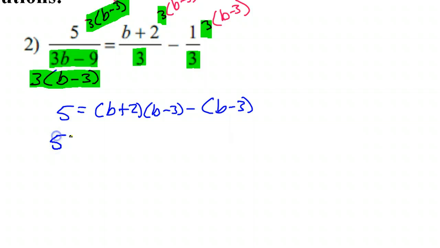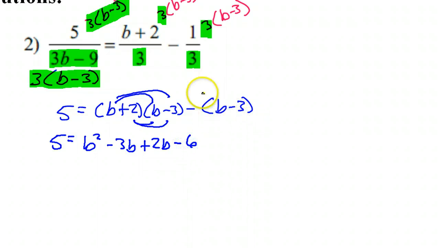So I've got 5 equals, and double distributing gives me b squared minus 3b plus 2b minus 6. Then I'm going to treat this like it's a negative 1 and distribute that, which gives me negative b plus 3.